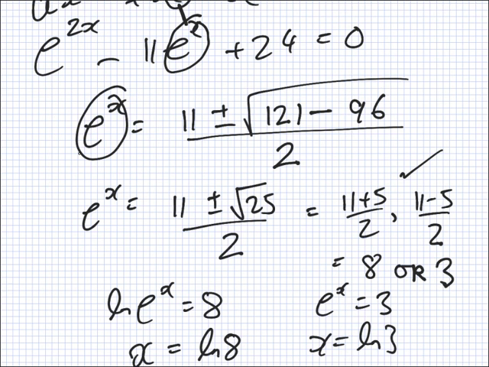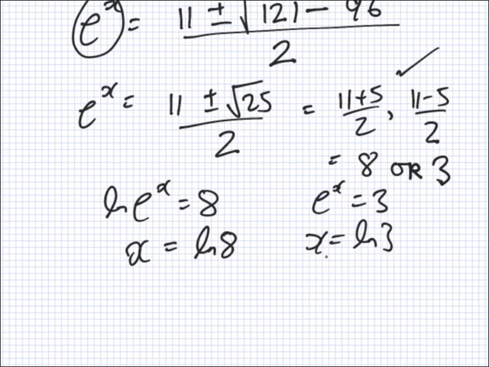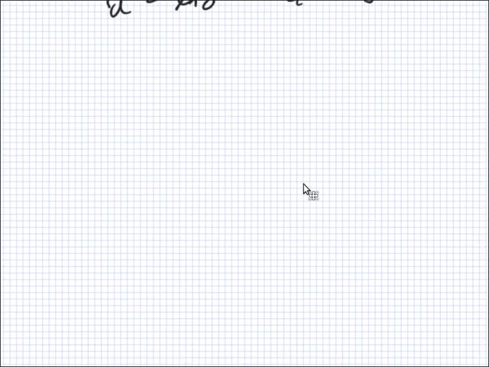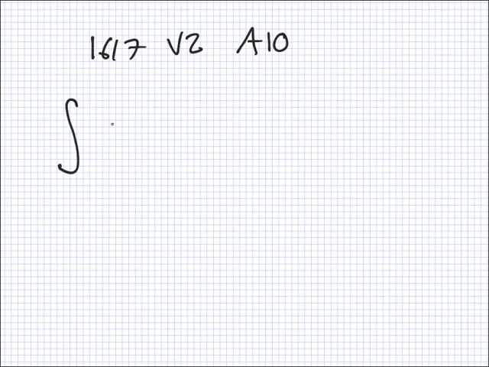Can I scroll down? Right. What version were we looking at next now? Of which year? 16, 17, version 2, A10. Is that an integration? Yeah, so what am I integrating? X plus 3 cos x, like this?